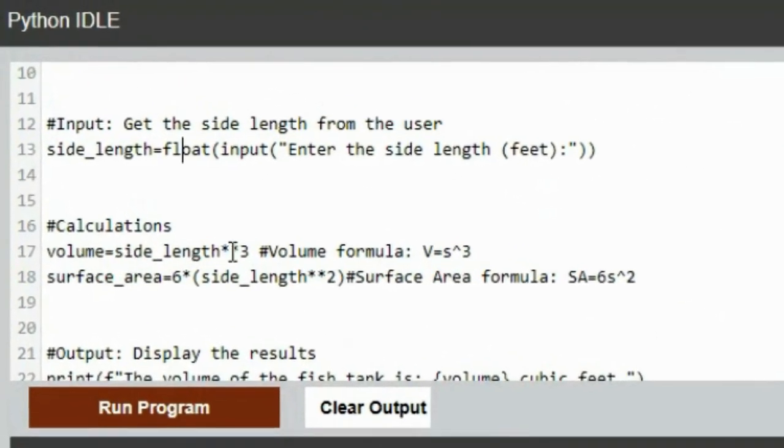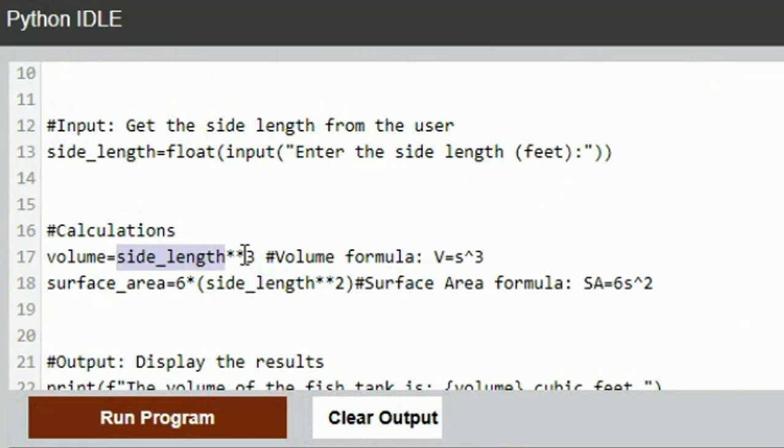Calculations, volume, side length. Okay, this is not how our lesson taught us to raise something to the third power. Did you go back and look at the math lessons that talk about this? Because it spent a whole lesson talking about how to find square root and power of things. It said to use power, comma 3.